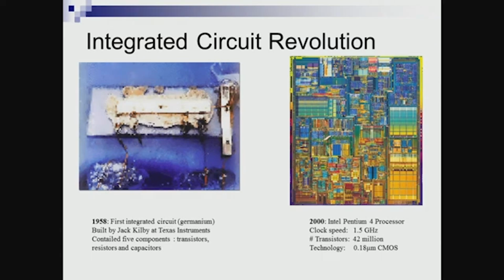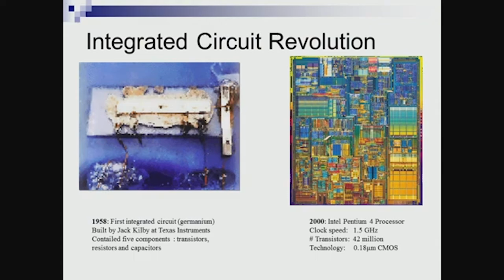This meant I could put different components of the circuit on the same substrate, and that formed the basis of what we call an integrated circuit, where we integrate multiple components, different types of transistors, etc., on the same substrate to realize certain functionality.